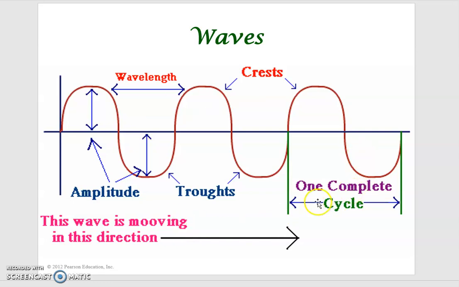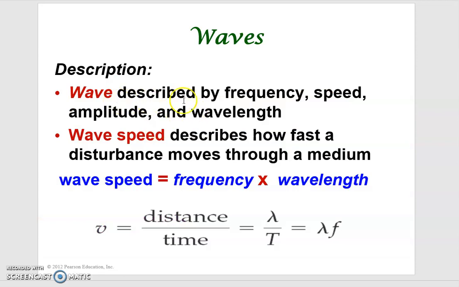This figure better summarizes almost all the fundamental quantities we have studied before. Therefore, the wave is described by the frequency, the amplitude, the wavelength, and also the speed: how fast does the wave propagate? But how do we calculate the wave speed? It is equal to the frequency multiplied by the wavelength.